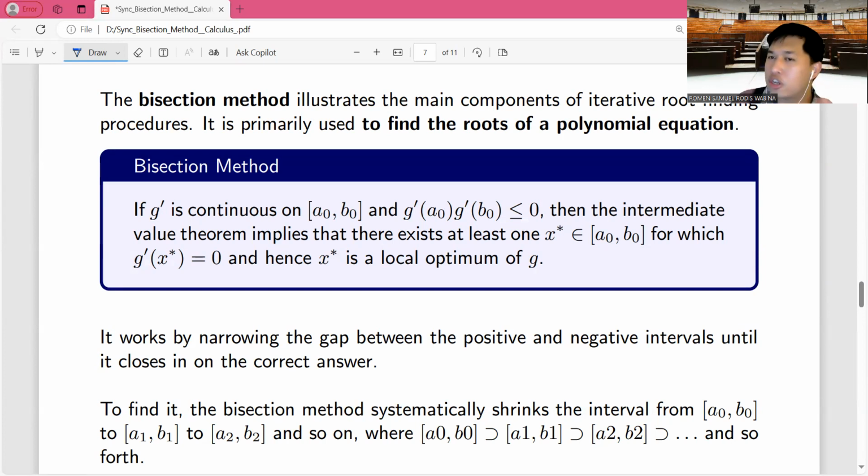So let's focus on the condition outlined here, particularly from a more theoretical standpoint.